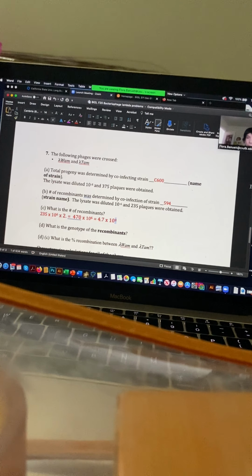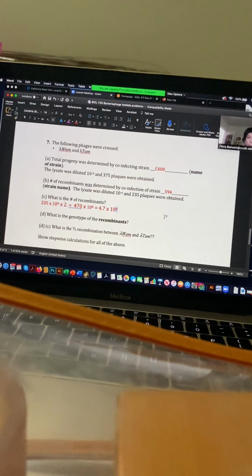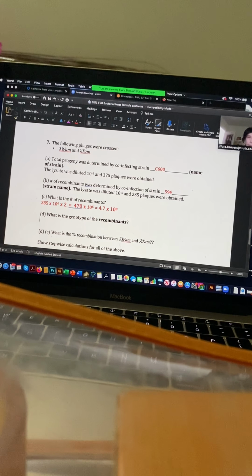Okay, and let's see, what is the genotype of the recombinants? Will it be the double mutant and the wild type? Yes, very good.